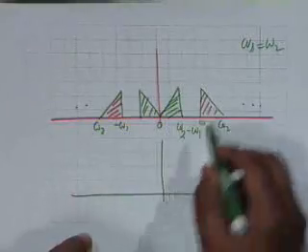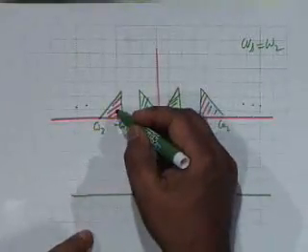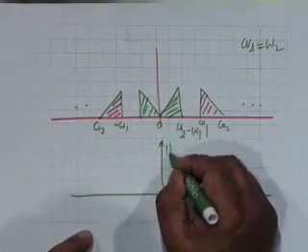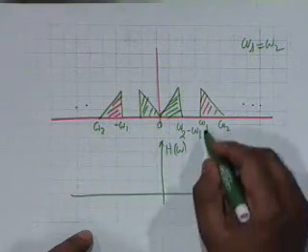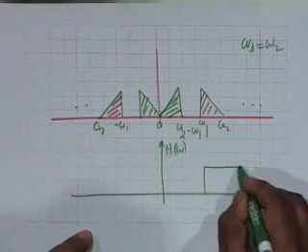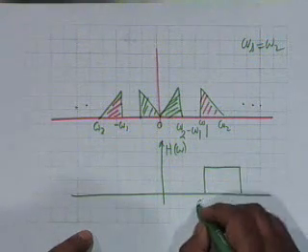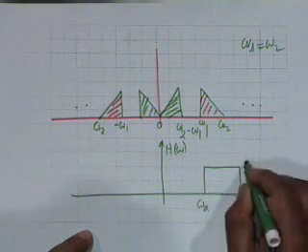What we will do is, we will filter out this and this, which means that our H of omega, the frequency response that is needed, is let's say omega A, omega B, 1.